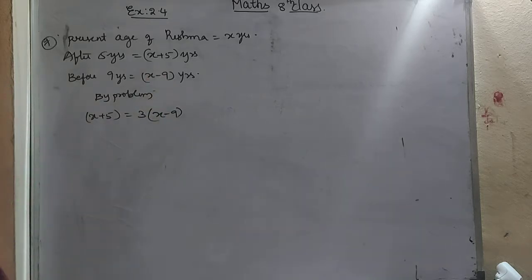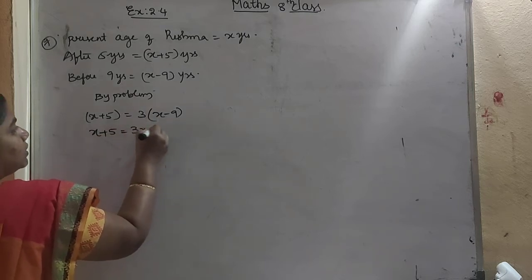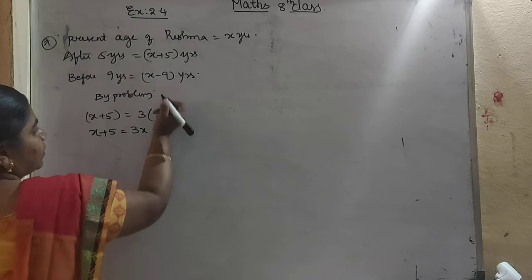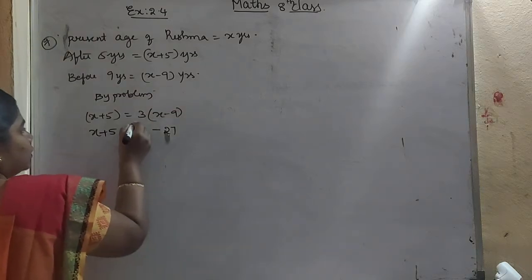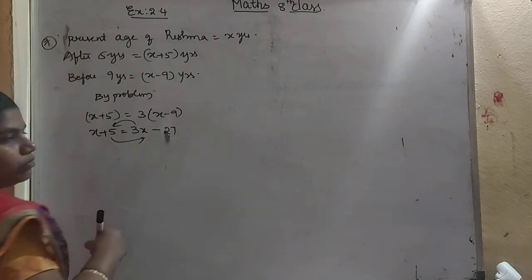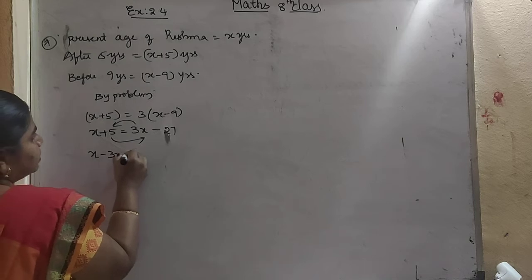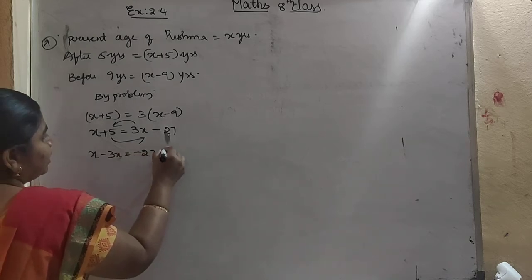So now we have to solve this. x plus 5 equals 3 into x, 3x minus 3 9s are 27. Transpose the values. I am sending this 3x to that side and this plus 5 to this side. So the signs will be changed. So x minus 3x equals minus 27 minus 5.